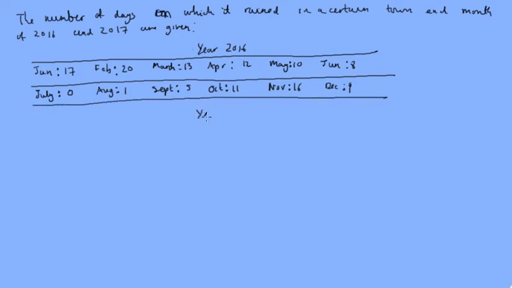Then in the following year, we have January, 9 days. February, 13. March, 11. April, 8. May, 6.